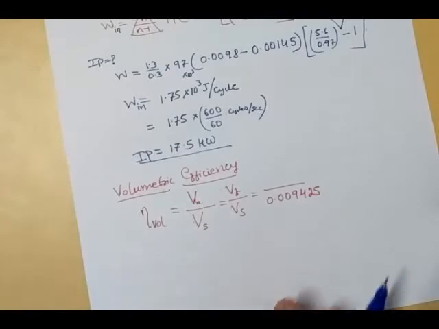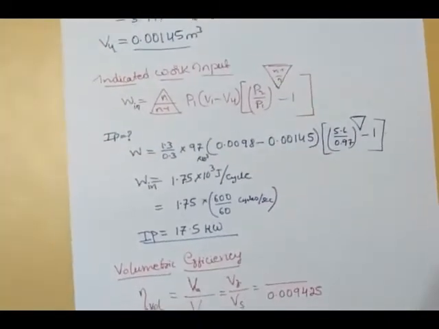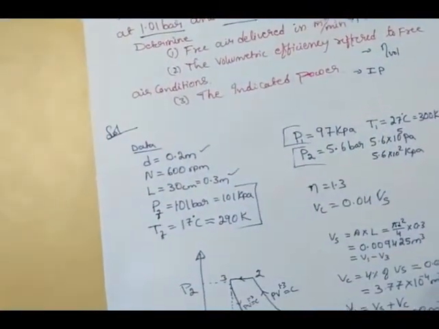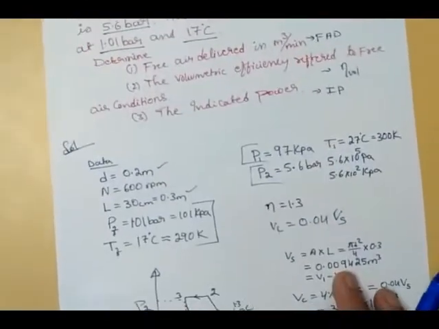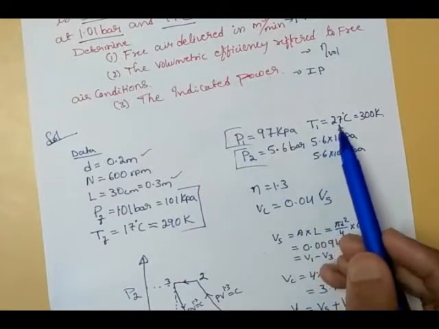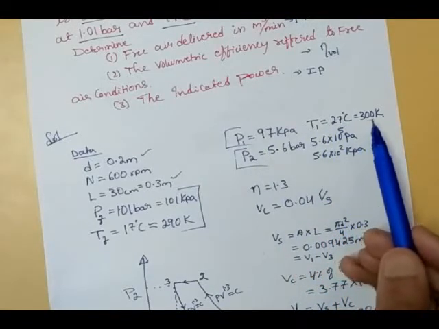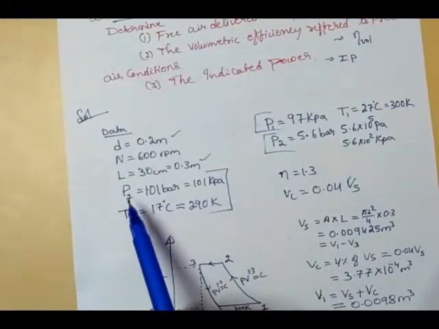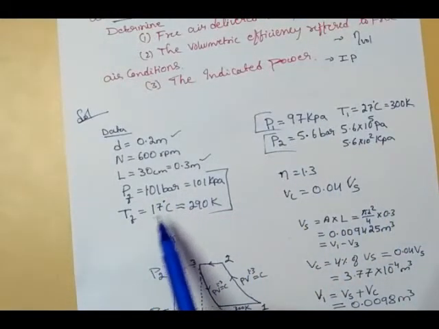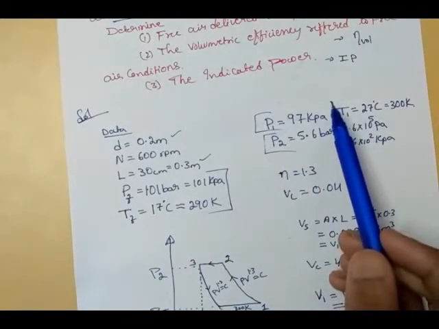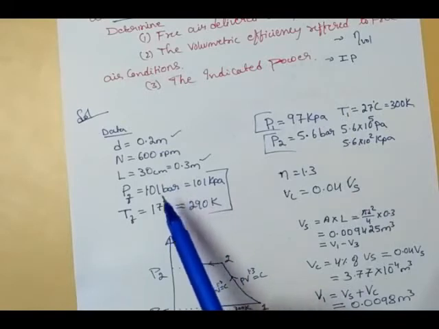To get that, we can use the perfect gas equation. Here we have two conditions: the intake condition, that is 27 degrees centigrade or 300 Kelvin and 97 kilopascals, and one more condition, that is 1 bar and 17 degrees. These conditions are different.